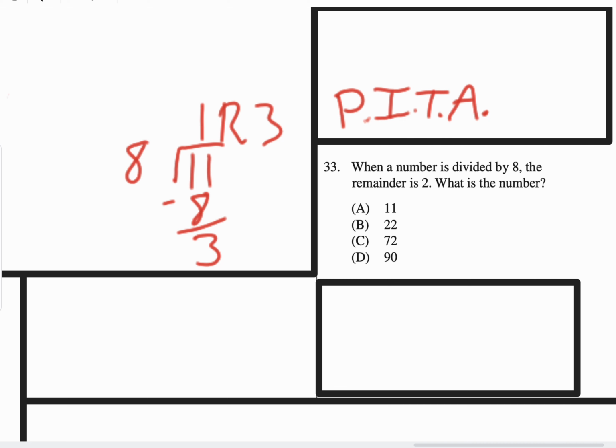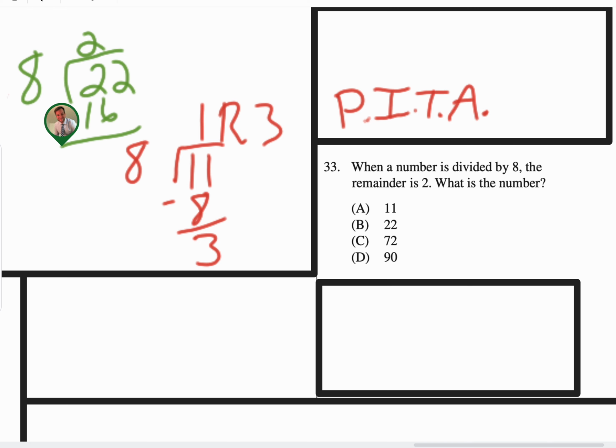Let's try B. 8 goes into 22 twice, with a remainder of 6. B will be 2 remainder 6. Now let's try C. 8 will go into 72 evenly. 9 times 8 is 72.